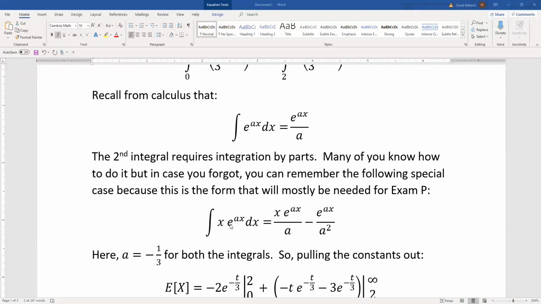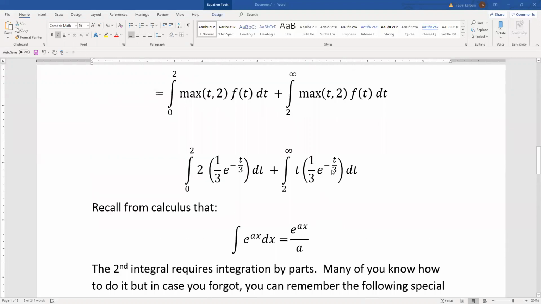It turns out that x e to the ax integrates to x e to the ax over a, minus e to the ax over a squared. Here a is negative 1/3, because a is the coefficient of the variable in the e power.